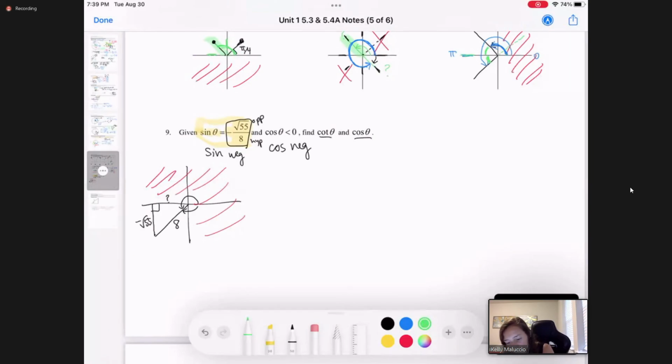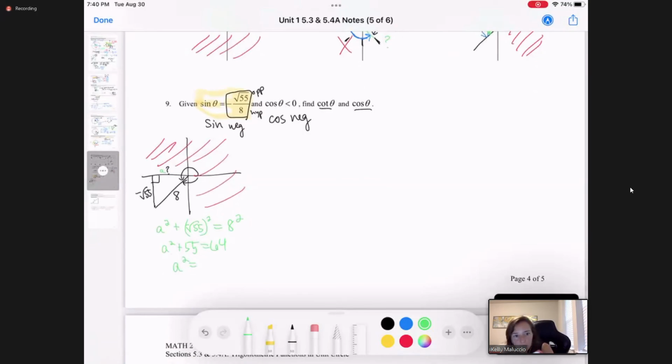So let's call this side A. We'll get A squared plus square root of 55 squared, and I'm not including the negative, but you can because it goes away, equals 8 squared. So A squared plus 55 equals 64. A squared is, I subtract from both sides, 9. Oh, nice. So A is just 3. But remember, it's negative 3, right? Because cosine is negative.